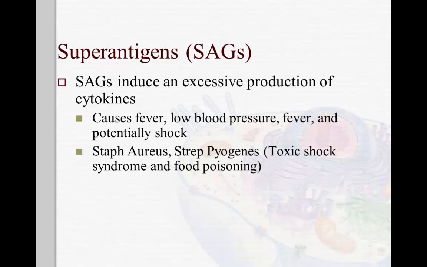And it has to be an excessive response, such as, for example, in toxic shock syndrome. So patients will be basically in shock, or in severe sepsis, causing fever, hypotension, and this again is created by super antigens.